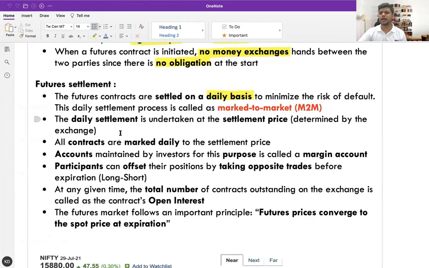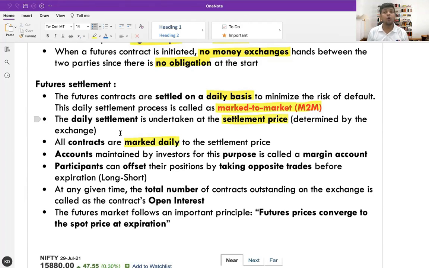But before that, try to understand that this calculation which happens on a daily basis is called mark to market. It is called M2M, mark to market. Clear? Yes. This daily settlement process is undertaken at the settlement price which the exchange will decide. And the contracts are marked daily. Why does this happen daily?